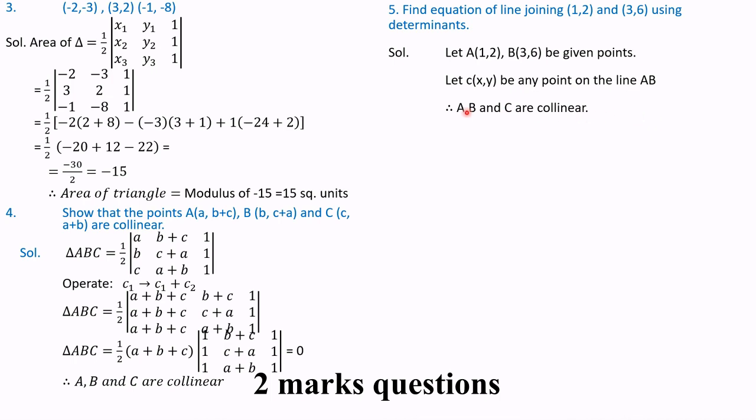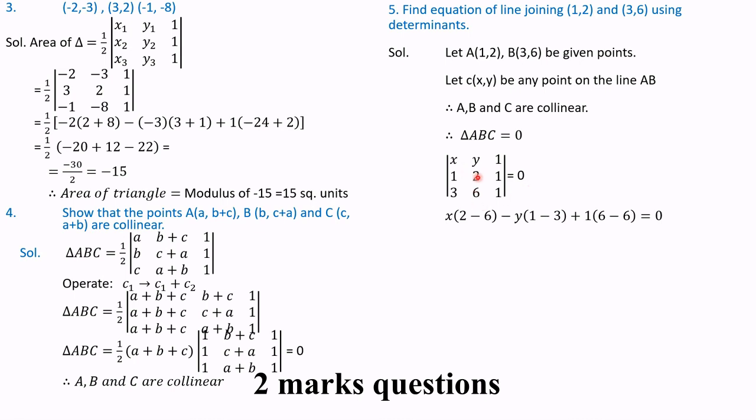Therefore, A, B, C are collinear. Therefore, the area of triangle ABC must be 0 because we have said that A, B and C are collinear. That is the property. Therefore, x, y, 1, that is the terms for C. A is 1, 2, 1, that is given. B is 3, 6, 1, equal to 0.